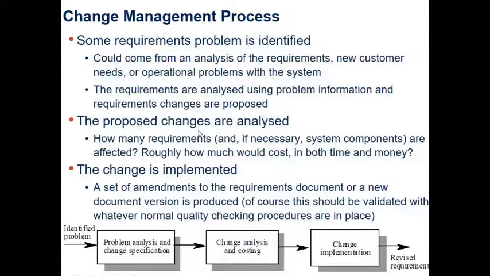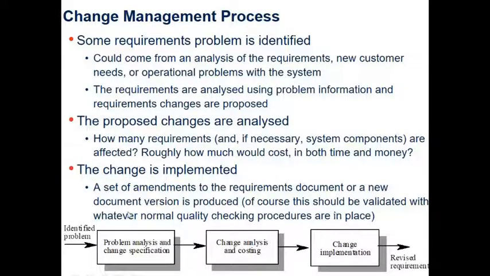Then the proposed changes are analyzed. How many requirements or system components are affected by this proposed change? Roughly how much would it cost in both time and money? Then you move on to this phase: the change is implemented. If approved, a set of amendments to the requirements document or a new document version is produced.